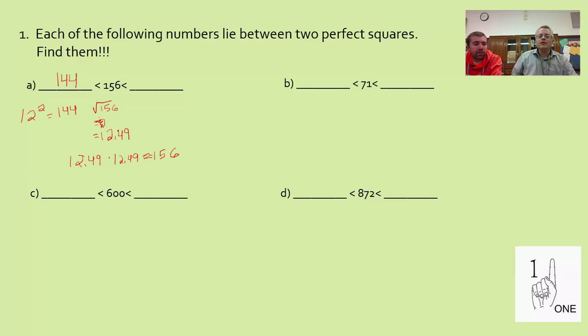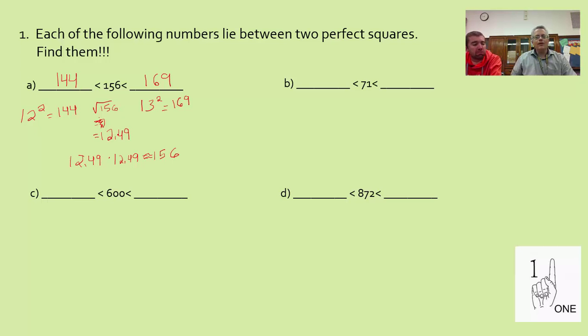And to get the perfect square that's above it, we just round up. That's 13 squared, which is 169. So pretty much you take the square root of a number, round down, and square that to get the perfect square less than it. Round up, you get the perfect square that's bigger than it.